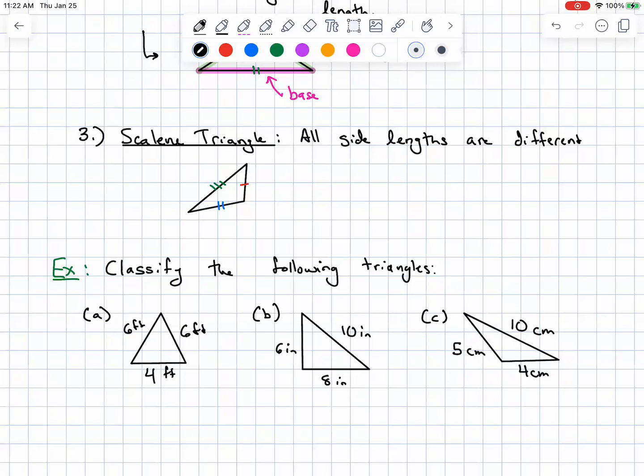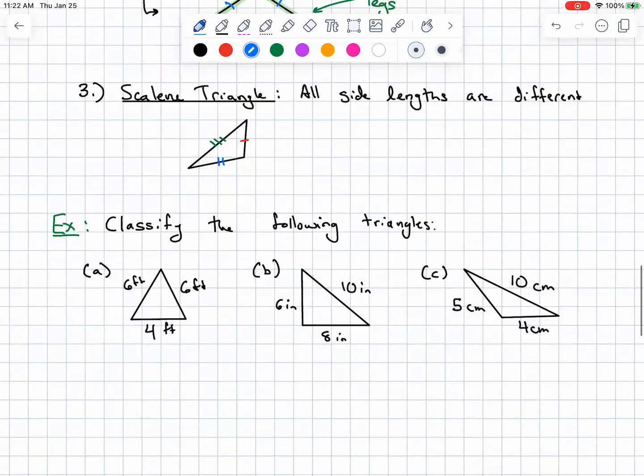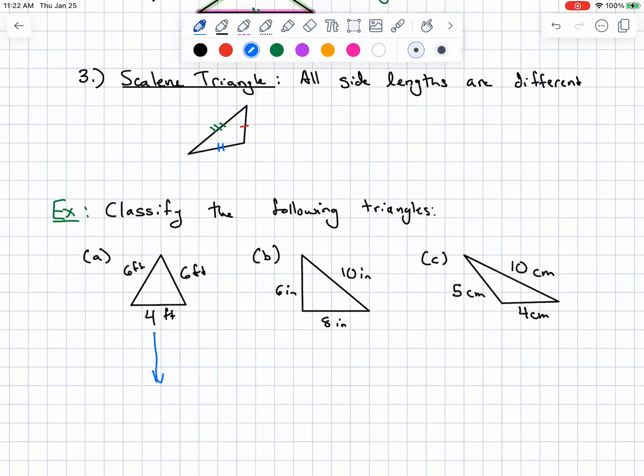So, first one. You can usually fit every triangle into one angle classification and one side length classification. So the first one. Close to equilateral.